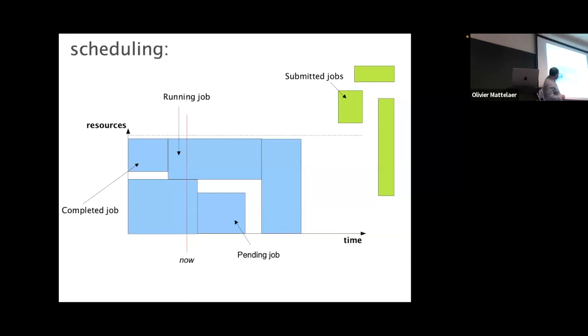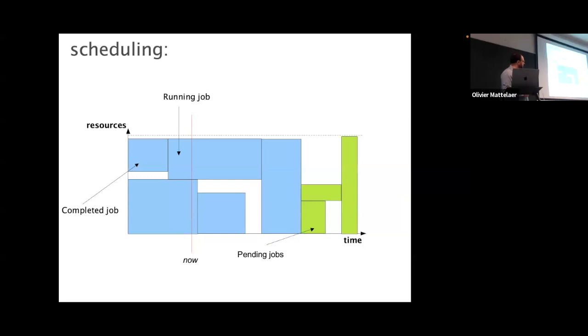This job is running, this one is too, and these two are pending jobs, jobs that are waiting for the resources to get freed so that they can start. Then, given this situation, at some point users will submit additional jobs, which I presented there. The goal of the job scheduler is to organize the jobs in the future and decide that this job and this job will start both at the same time here. And when this one is finished, this one can use the whole cluster for a short duration.